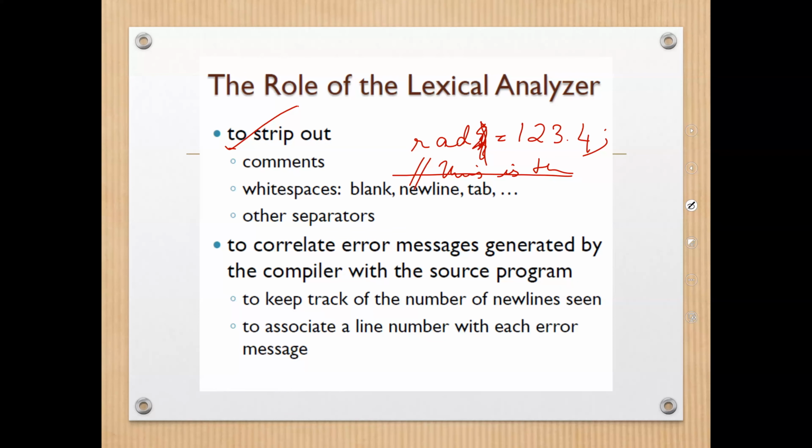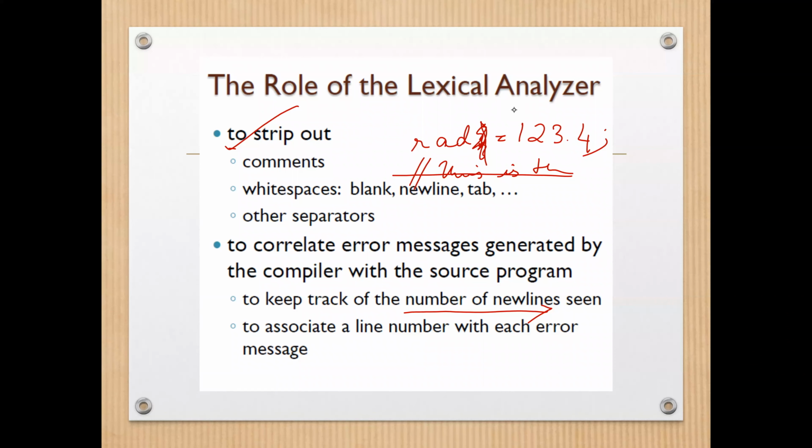And it even keeps track of the number of new lines. How many lines are there in the program? Now, tell me, why do you want to keep track of the number of lines in the program, sir? When errors are generated, you need to correlate them with the line numbers.